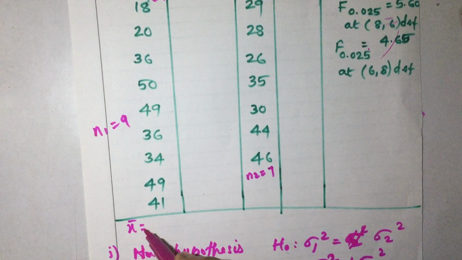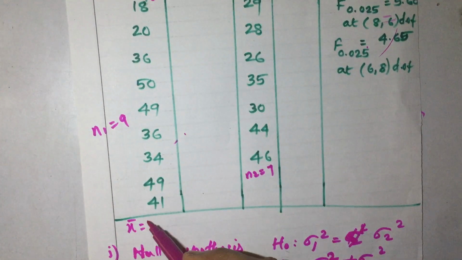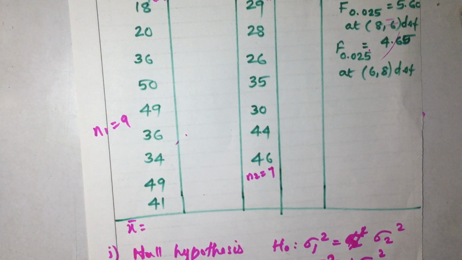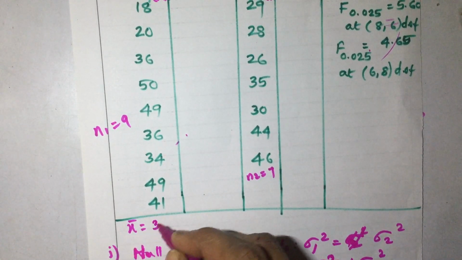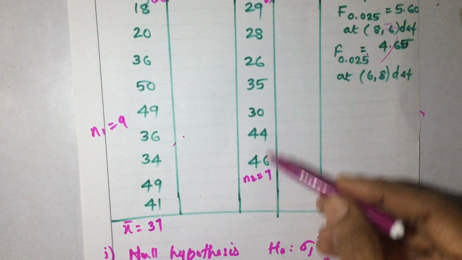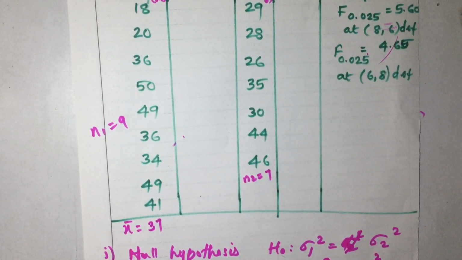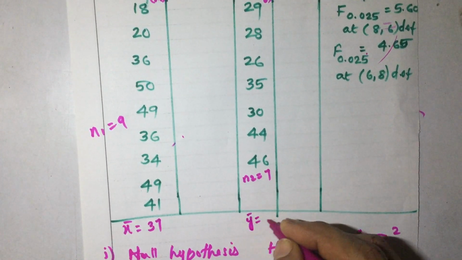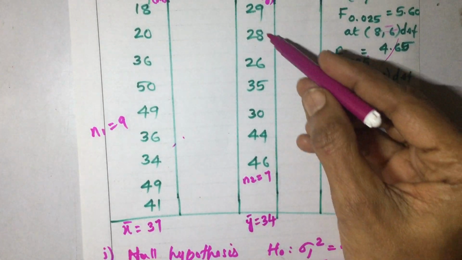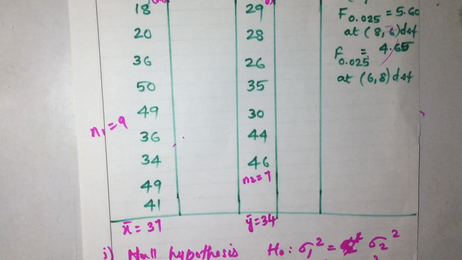So x bar means sum of all these values divided by 9. When you do that you will get x bar equal to 37. Similarly, sum of all this divided by 7, you will get y bar as 34.